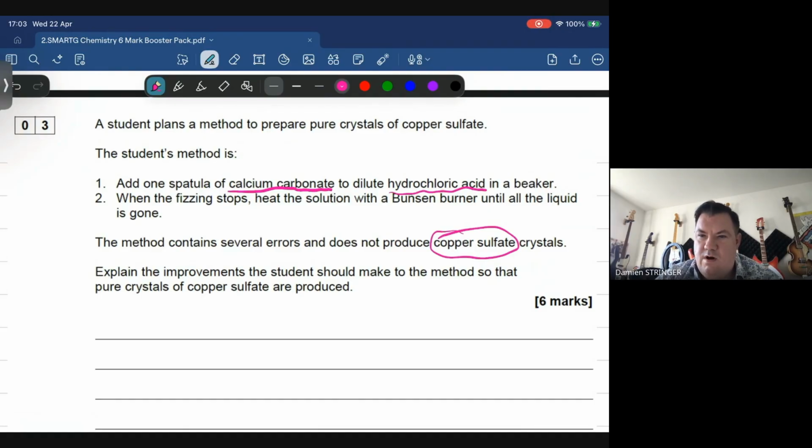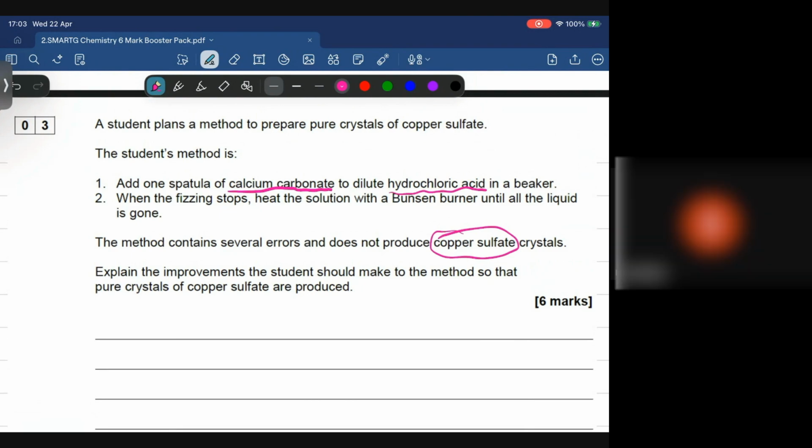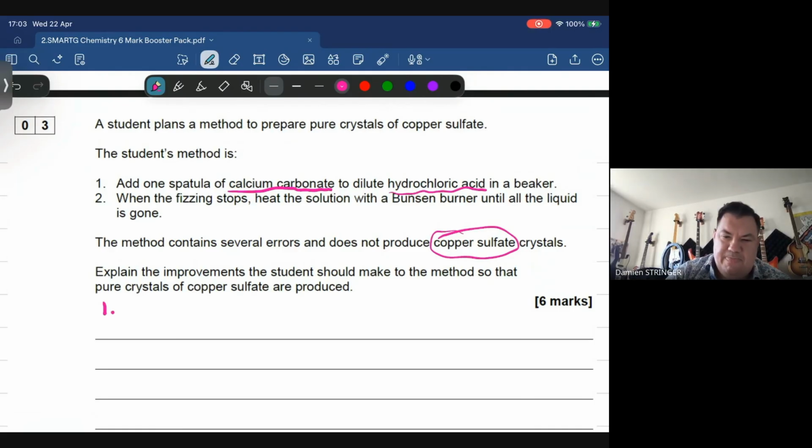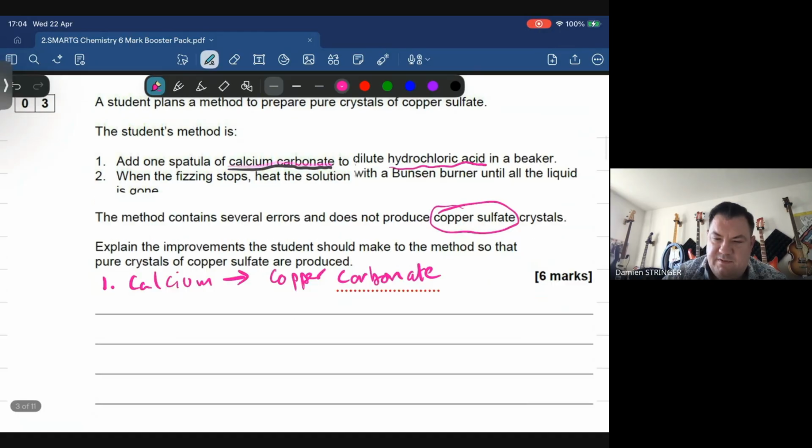And what about you, Louis? Anything else you've spotted that's wrong? I'm not too sure. Chemistry is one of my weak points. Fair one. Well, hopefully we'll put that right. So 1, calcium should be copper. And I suppose it still could be carbonate, couldn't it? That's not a problem. We just have to swap it for copper.